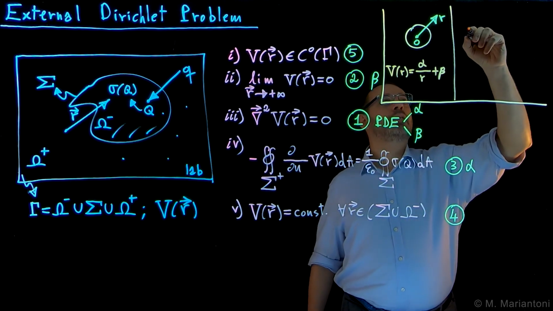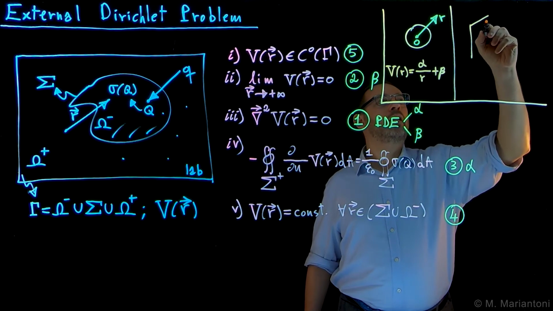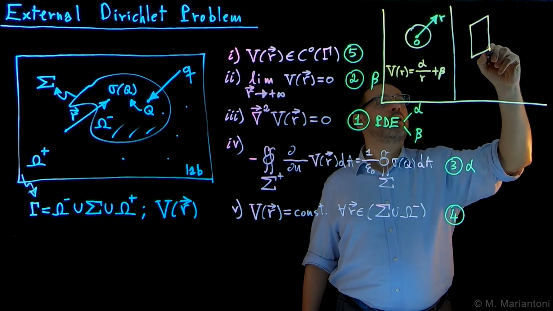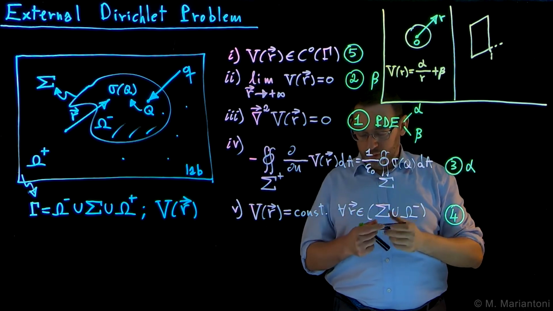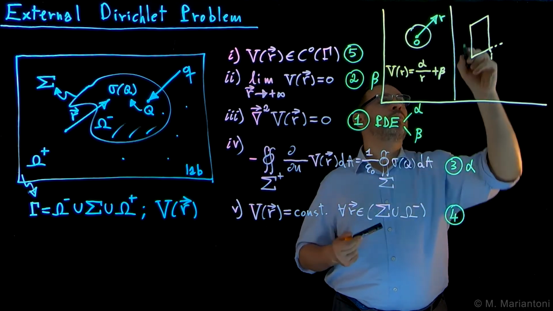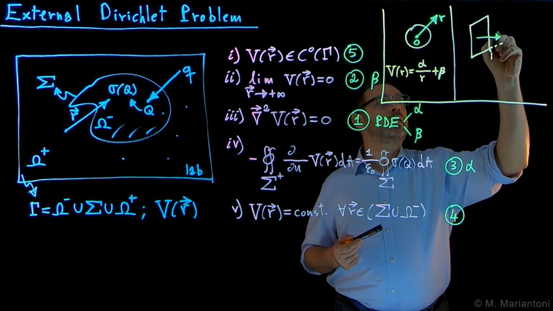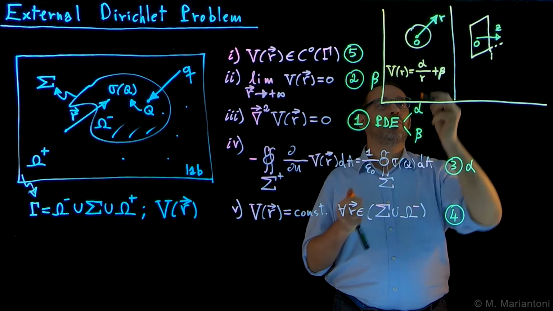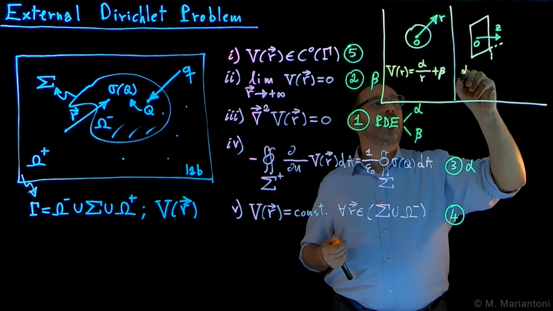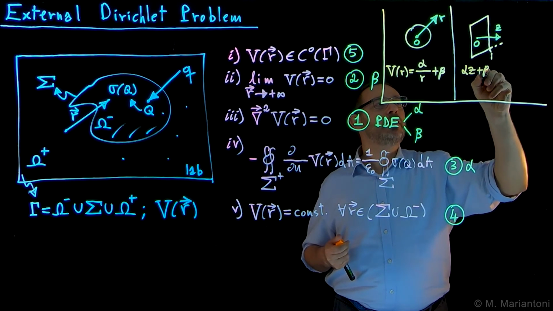Another scenario is an infinite plane, an infinite conducting plane. Again, it goes to infinity. In this case, because of the symmetries of this problem, we are only interested in the z-axis, the origin here. So in this specific case, the potential is going to be alpha z plus beta.